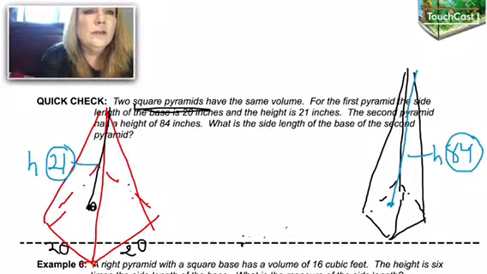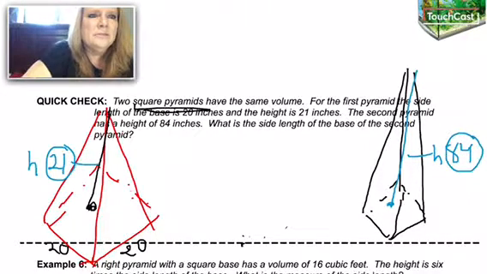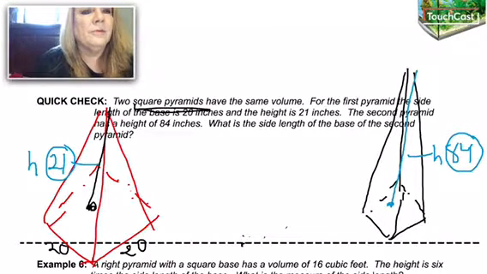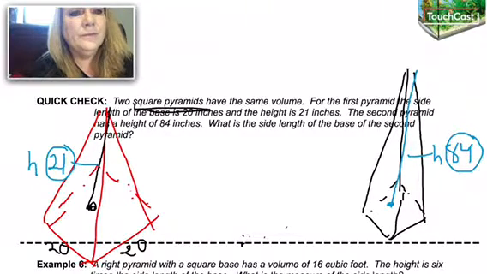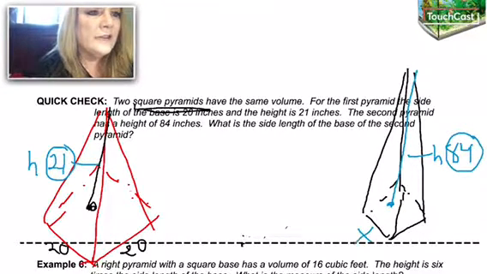Okay, so we have a 20-inch base with a height of 21, a second pyramid with a height of 84, and we want to know what is the side length of the base of the second pyramid. Let's just call it x. That's what we don't know, but we know it's a square.